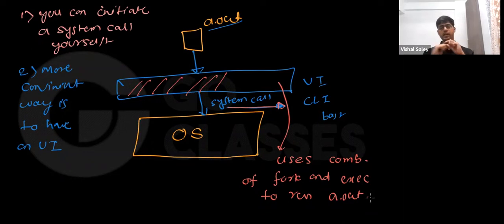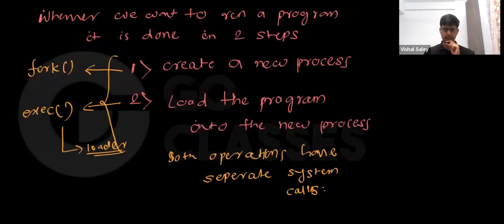We first create some dummy process, and then we ask the loader to load into that. So now the fork system call is used to create a process. I'll first explain the high level detail, and then go into a little more depth.